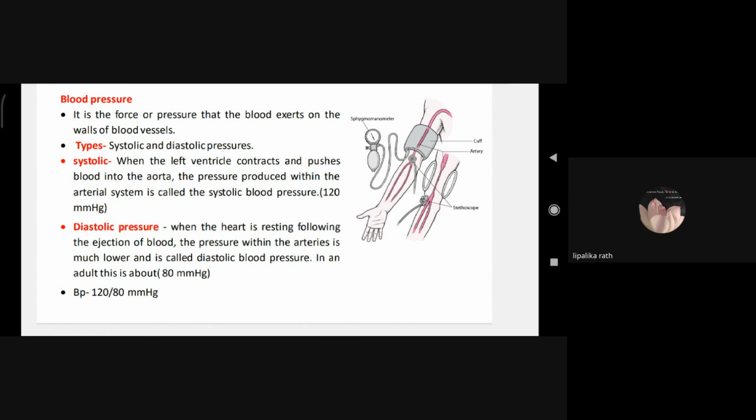This is the normal blood pressure, 120 by 80. It can vary plus or minus 10, and for children and old age people it varies a bit. This is 120 by 80 mmHg, for adults.